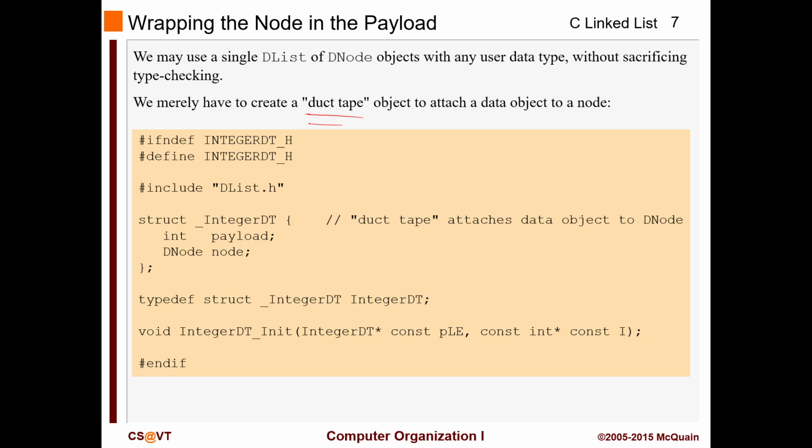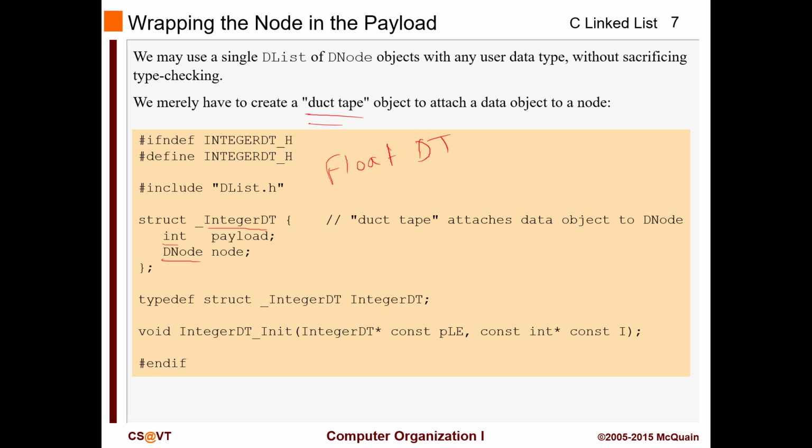So this is what our structure is going to look like. We are going to call it integer DT. It can be a float DT, and inside there, instead of int, you can put a float or anything you want. And it also has the DLNode. Okay, so we know that the DLNode has a previous and next, right?